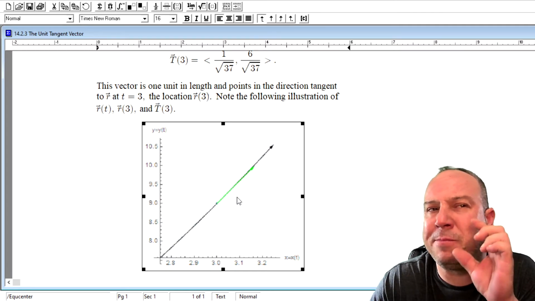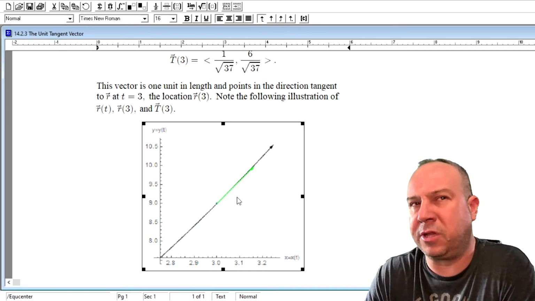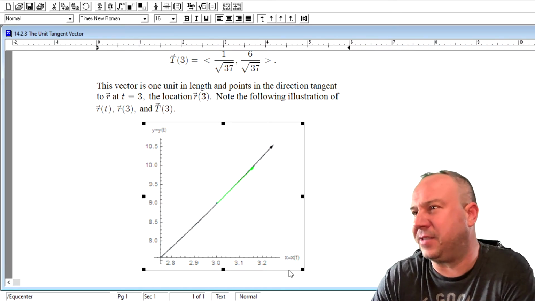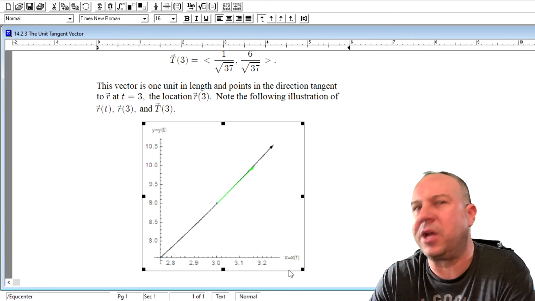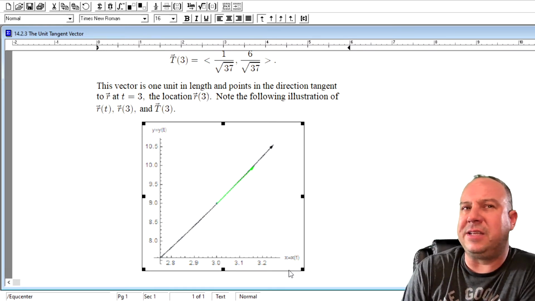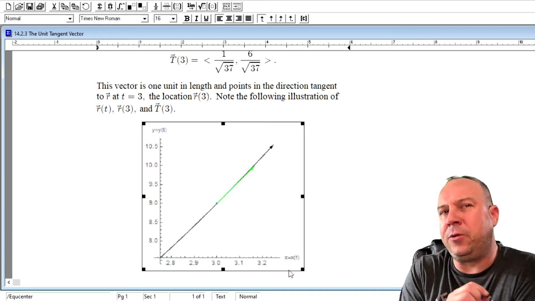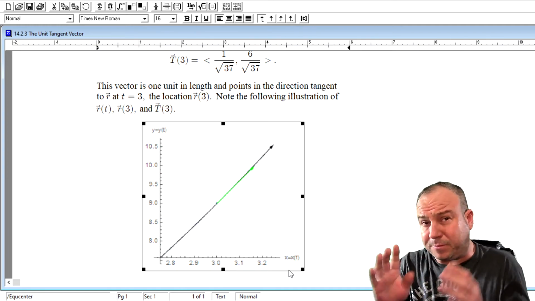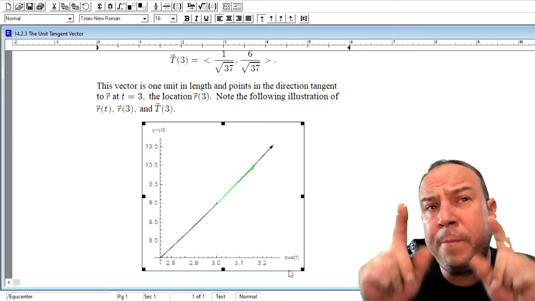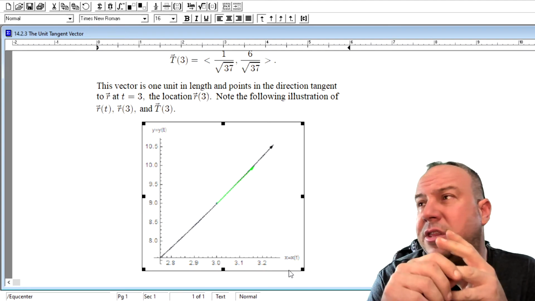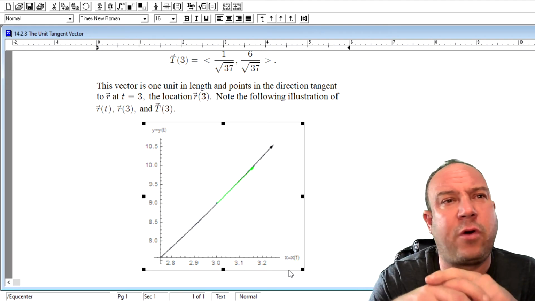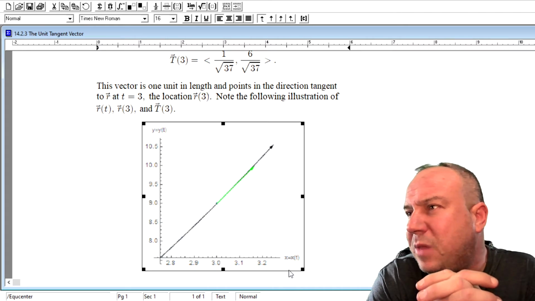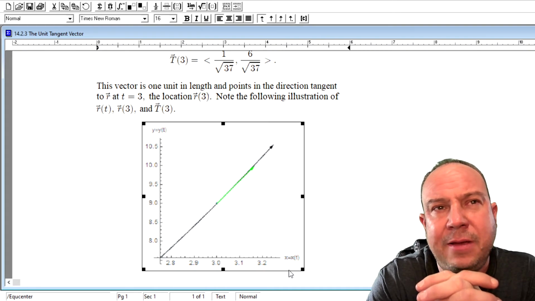So actually to see it measure 1 unit in length, we won't be able to do in the graph unless we were to scale these two axes exactly the same, which I didn't do in this illustration. But what I am illustrating is that in the morphed scale, it is 1 unit, and it is indicating that direction of tangent behavior. And one thing to note about that direction of tangent behavior is it points in the direction of the parametric curve, the direction of forward orientation, right?